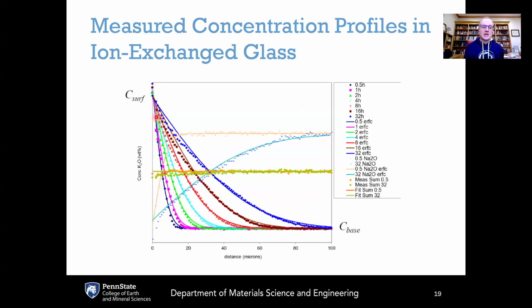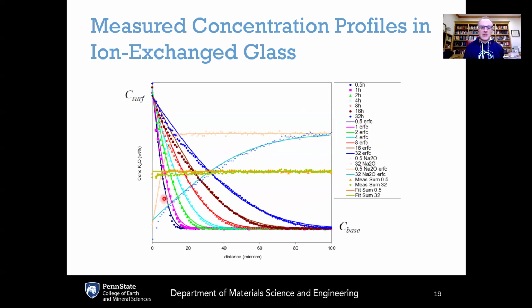In each case, these concentration profiles follow a complementary error function shape. So the individual dots are the measurements from microprobe data, and then the continuous lines here are the fits from the complementary error function, so the erfc fits.